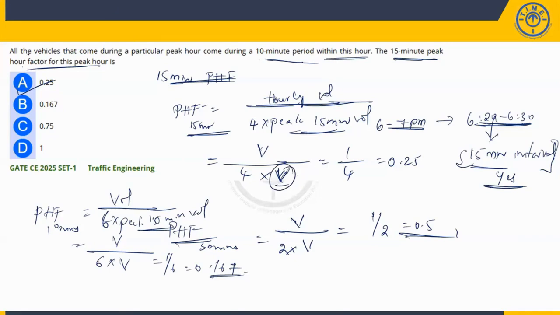But it is told all the vehicles, therefore 100% of V will be V. If it is told some 80%, in the denominator you have 0.8V. If 50%, we have 0.5V. If 90%, you have 0.9V, like that.